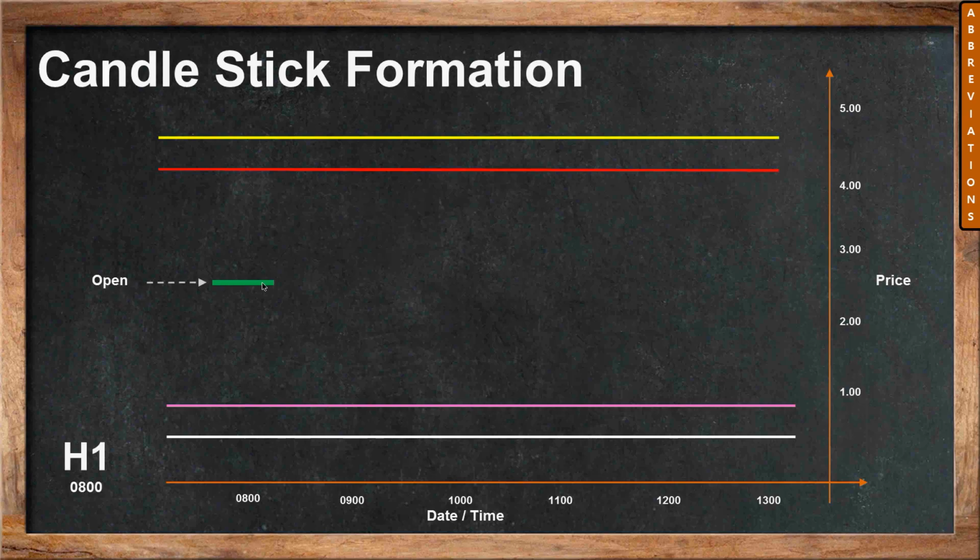We have a candle that opens at this price range. Let's say the price is $2.50. The candle has opened at a $2.50 price. After 15 minutes, the price went down, and it goes to $1.50, for example.